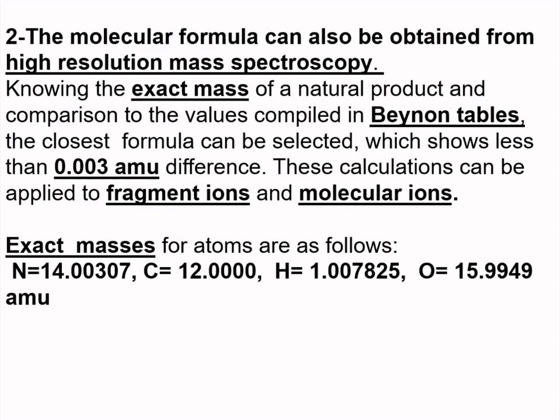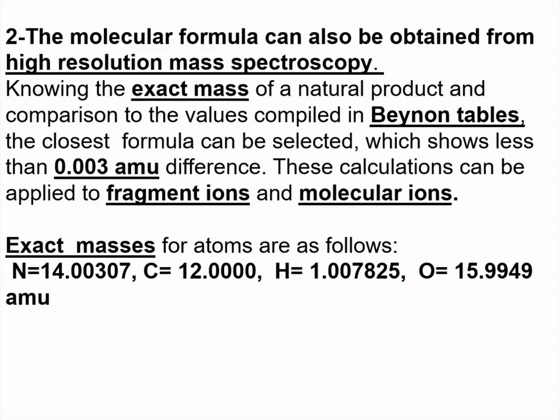The molecular formula can also be obtained from high-resolution mass spectroscopy. The exact mass of a compound is not an integer. It has a decimal because the exact atomic weight is not an integer, except in the case of carbon.